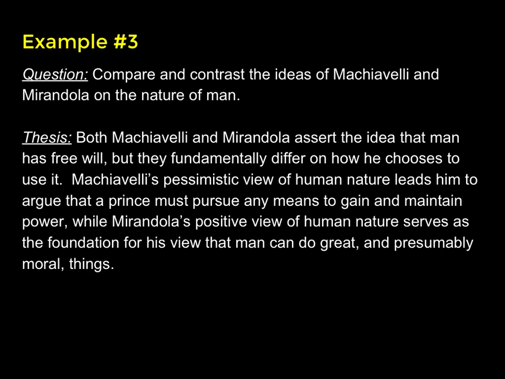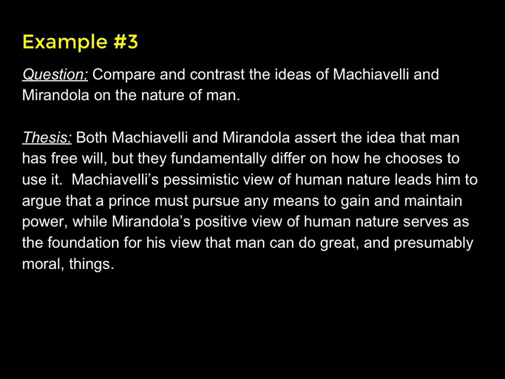In the first clause, both Machiavelli and Mirandola assert the idea that man has free will. That is a similarity between these two authors on the nature of man. Okay? And then the rest of that sentence, but they fundamentally differ on how he chooses to use it, addresses the point of contrast. The second sentence then, that starts with Machiavelli's pessimistic view, is merely a clarification or a further delving into what that difference is.